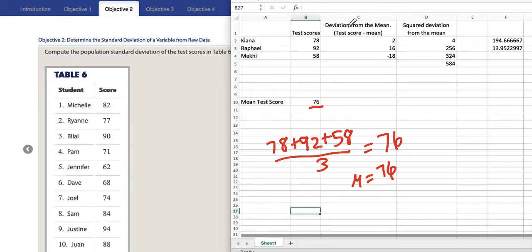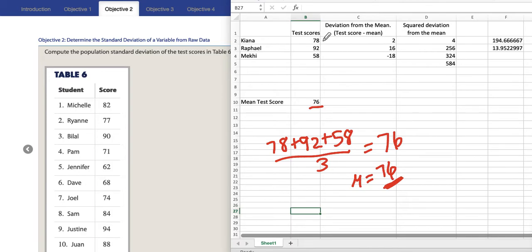Then the next thing you do, now that we have the mean, is take the original test score, 78, and subtract the mean from it to figure out the deviation from the mean, or how far it is from the mean.